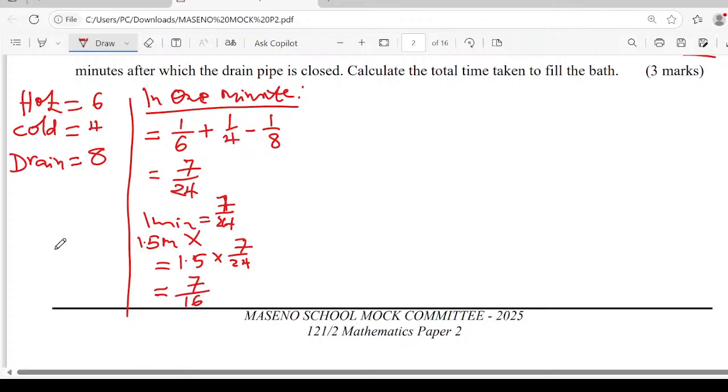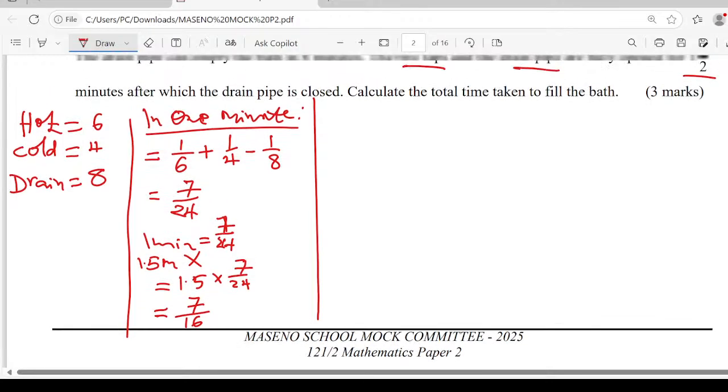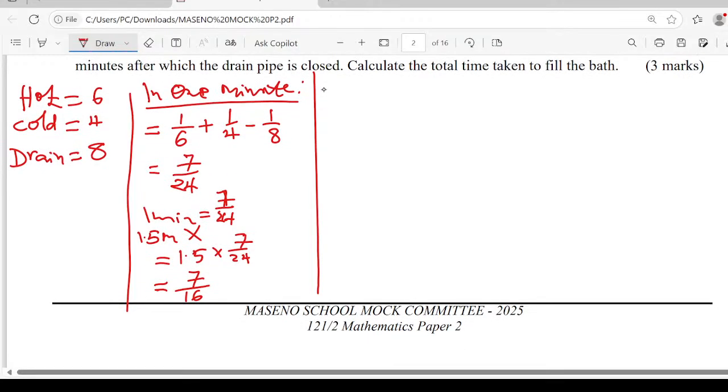If 7/16 is filled, let me get the remaining fraction to be filled. We are now computing the remaining fraction.